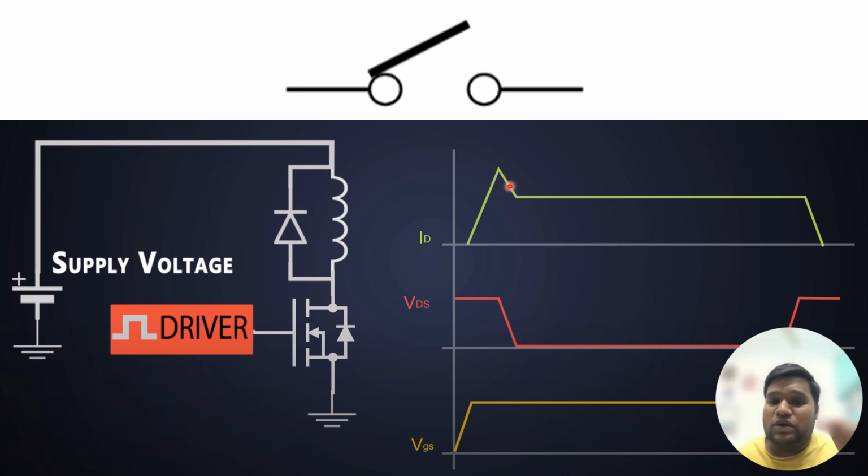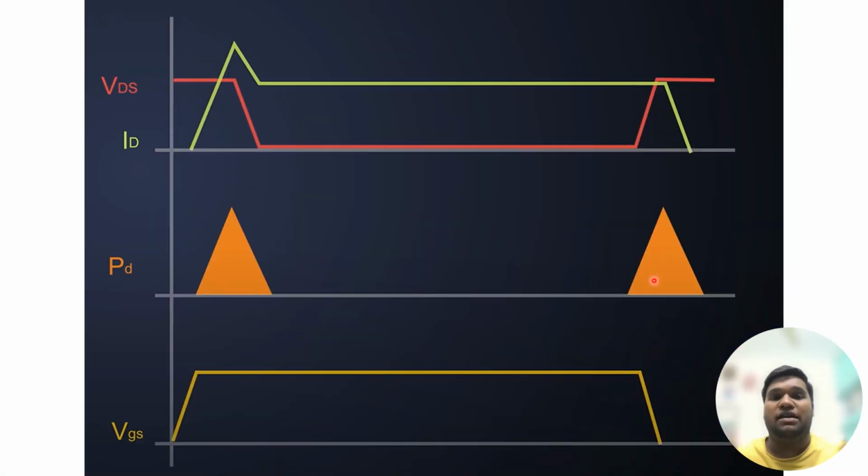However, please note that the current decreases after reaching a peak, but until we decrease the VGS signal, the current will still remain. However, the moment I decrease VGS, there is a sudden hike in VDS, and this is the reason for my power loss.